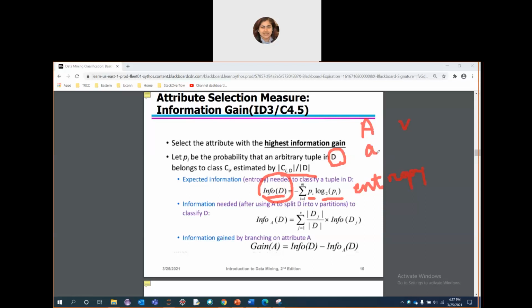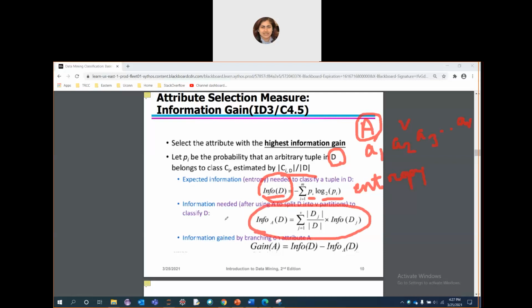So you will have the attribute instances A1, A2, A3 up to AB. These are all instances of a particular attribute A. Then the expected information required to classify a tuple from D based on the attribute A is given by this formula here.